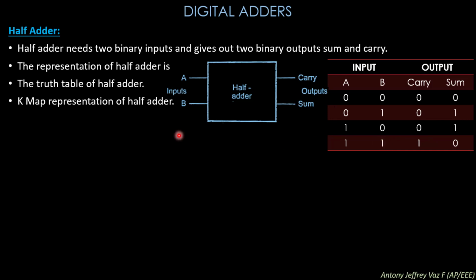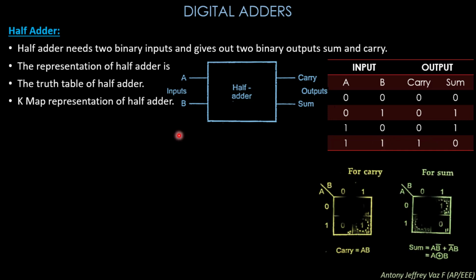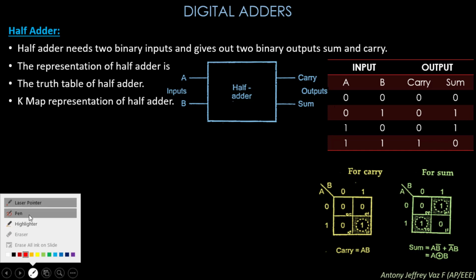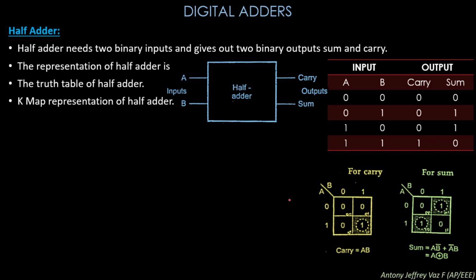The K-map representation of the half adder can be obtained. You know that there are two inputs A and B and you have two outputs, so you can map the input with respect to the output. What you need to know here is regarding the K-map. You need to draw a line like this.